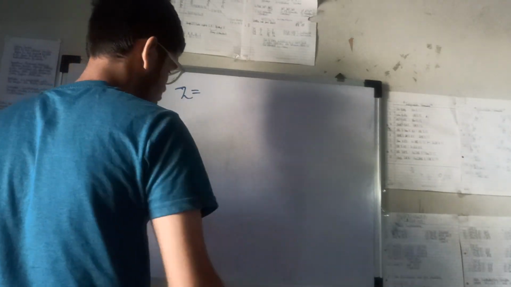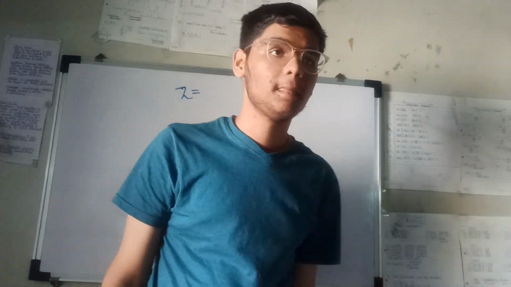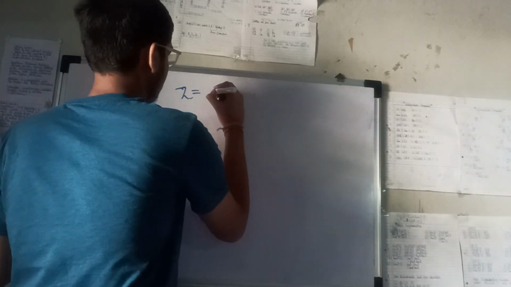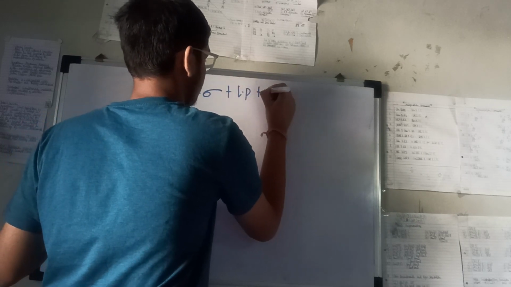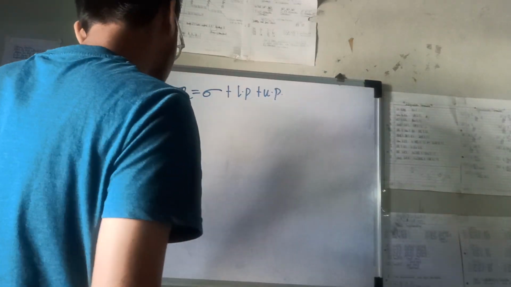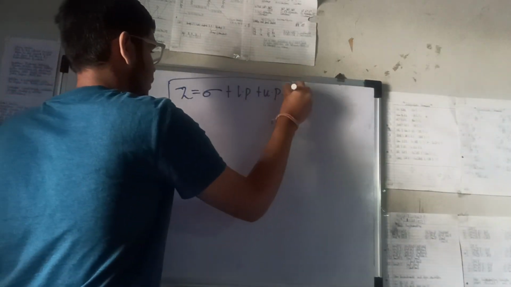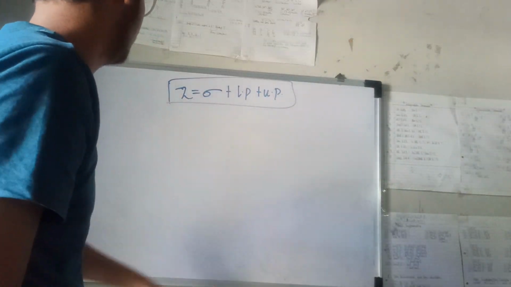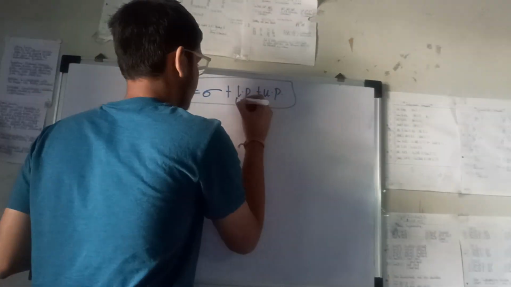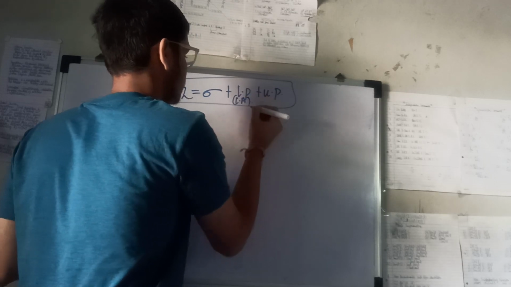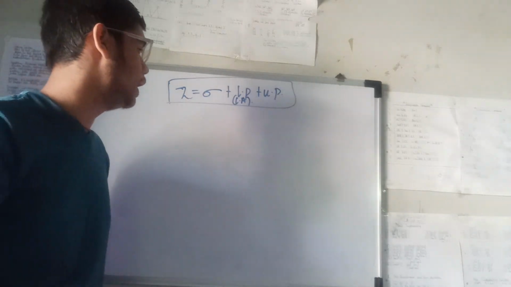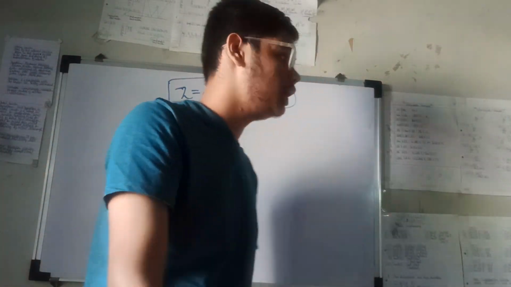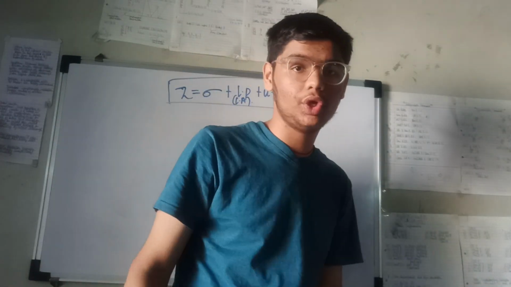The steric number is Z. I have two methods. The first formula: Z is equal to the number of sigma bonds plus lone pairs on the central atom plus unpaired electrons on the central atom.